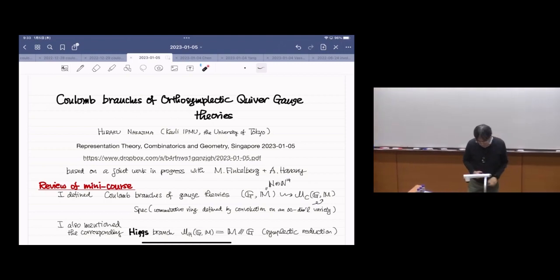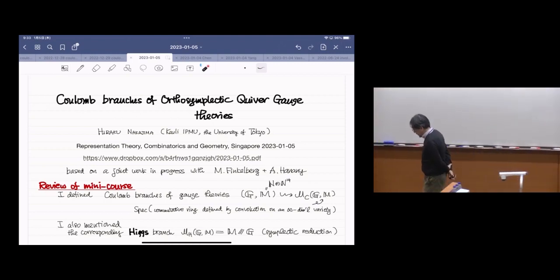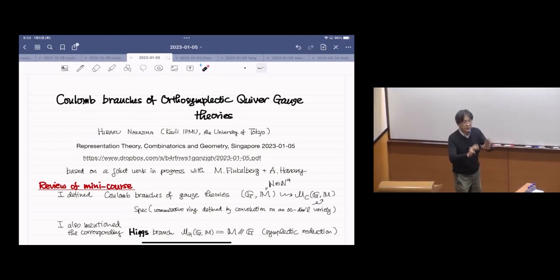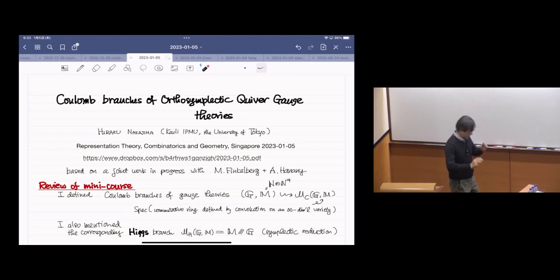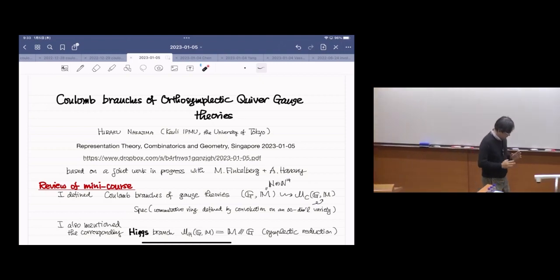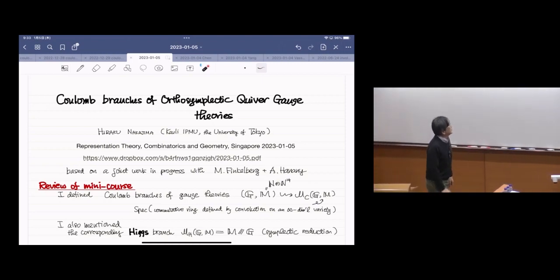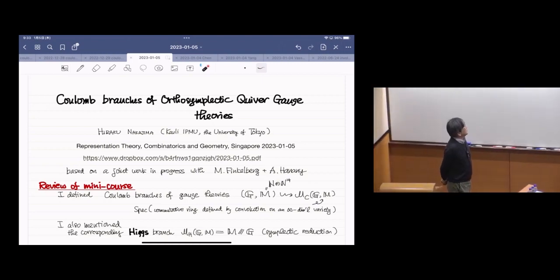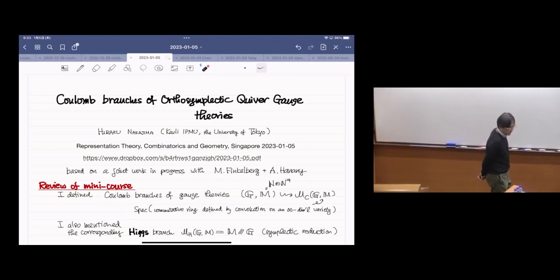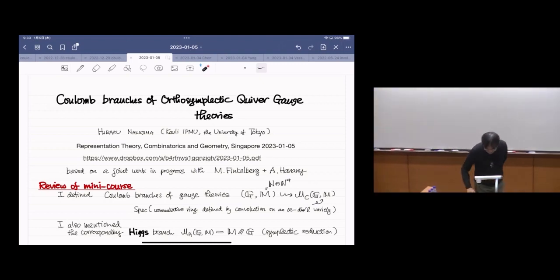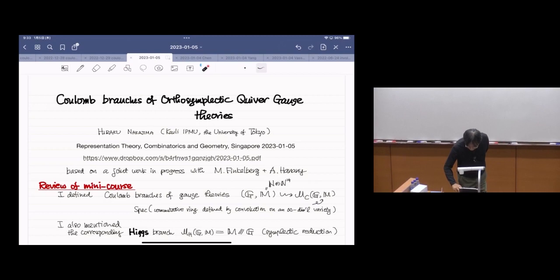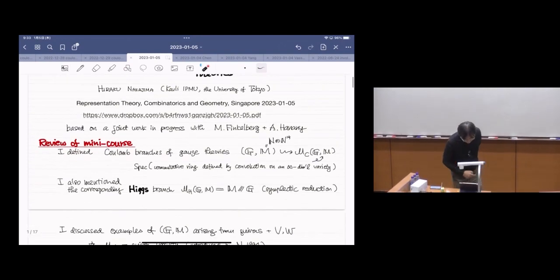And if you are familiar with geometric Satake, you can also see the commutativity in geometric Satake, because geometric Satake says that the category of perverse sheaves on the affine Grassmannian is isomorphic to the representation of the dual group, and the monoidal structure is a tensor product, and this tensor product is commutative.